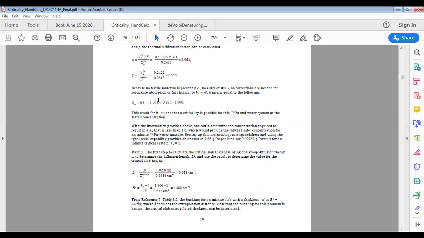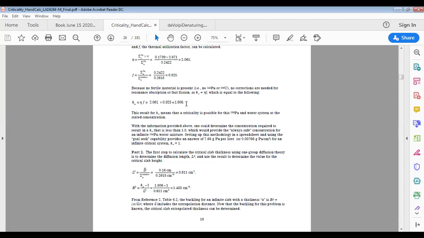So eta is nu sigma f over sigma a, 2.061, and f is the thermal utilization in the fuel, which means sigma A in the fuel divided by sigma A in the fuel plus any other thing which is non-fuel. So let's call it the mixture in this case, plutonium plus water: plutonium absorption divided by plutonium plus water absorption. Remember, about 92.5% of the neutrons are relevant to plutonium-239, the others are not.